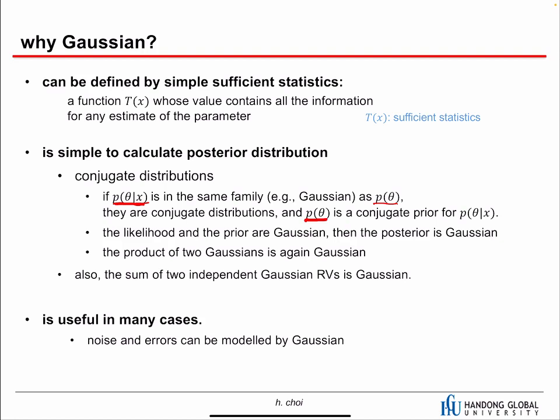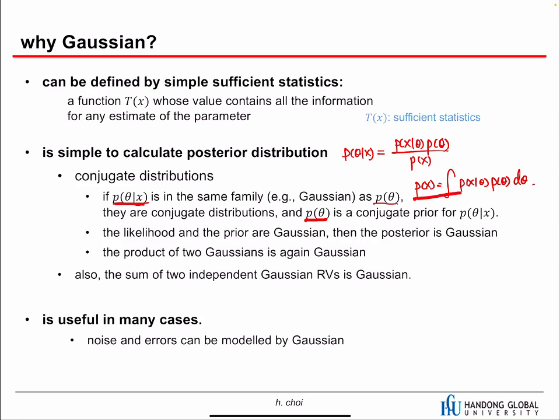To remind you of Bayes' rule, let me put the equation here. P of theta given x is p of x given theta times p of theta over p of x. And p of x is usually computed using the likelihood and the prior over theta.